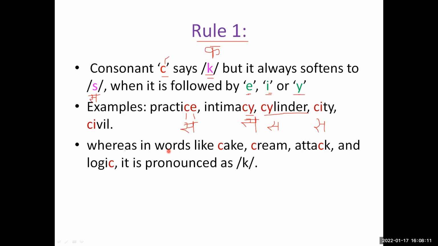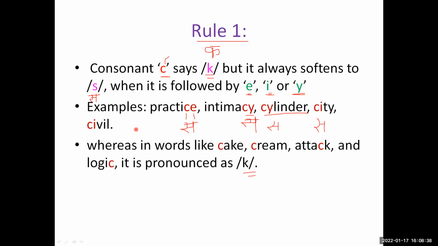Okay. But whereas in other words like cake, cream, attack, and logic, it is pronounced as /k/. Same letter. Which letter? It is C. It sounds /k/ also. It sounds /s/ also. So when does it sound /s/? If after C there is E, I, or Y, in that case you are going to pronounce it /s/. Practice, intimacy, cylinder, city, civil.